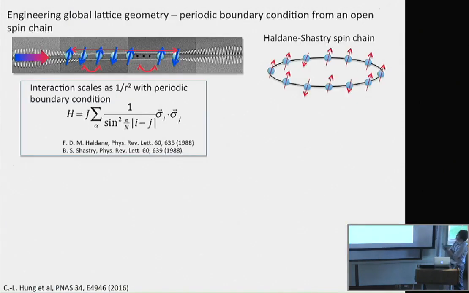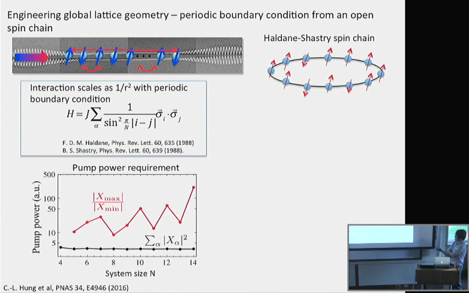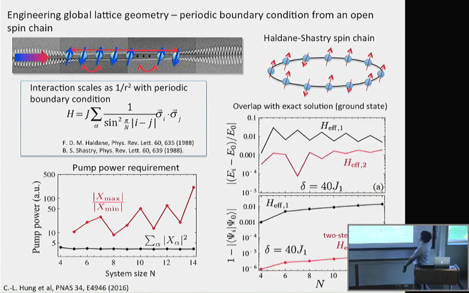So one of the first experiments that we are interested in trying is to use an array of spins and engineer basically the simplest model you can think of with long-range interaction but exactly solvable, which is this Haldane-Shastry spin chain with boundary condition and 1/r² dependence. Okay, this is the pump power requirement that we have calculated to induce this spin chain, and also the overlap with the exact solution. Okay.